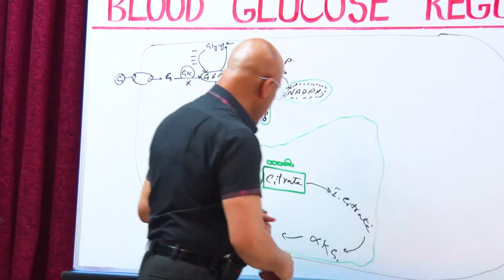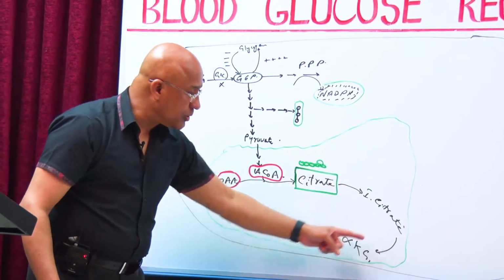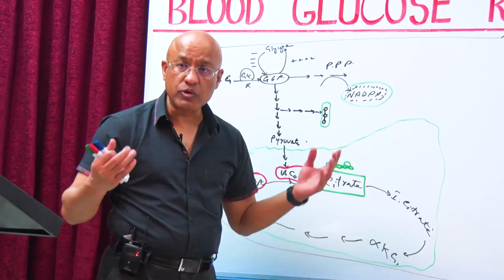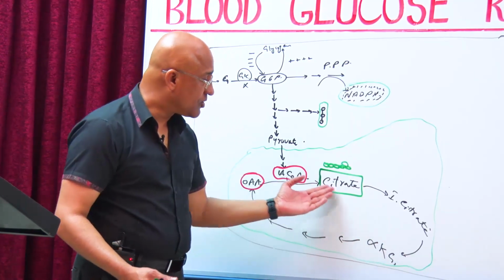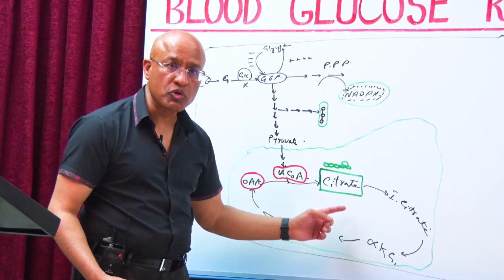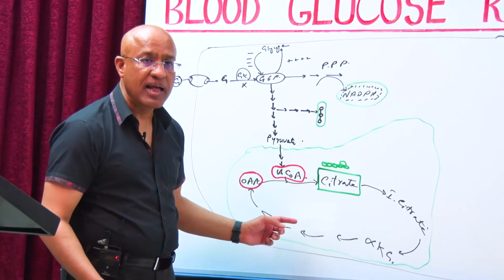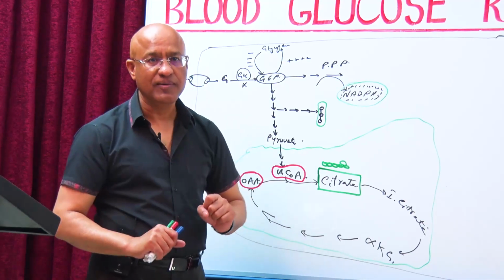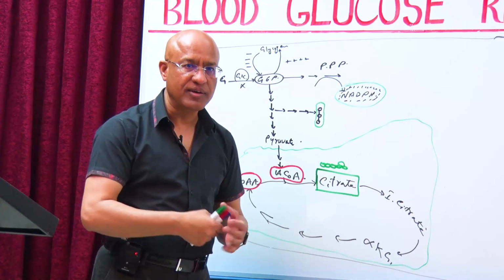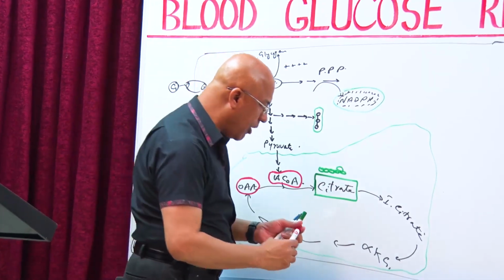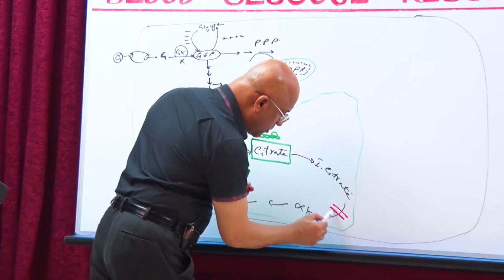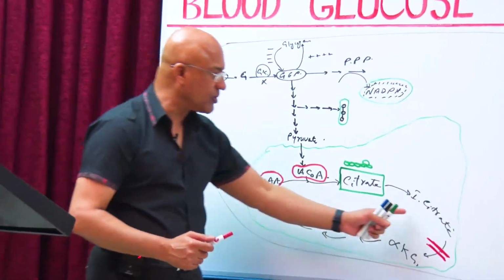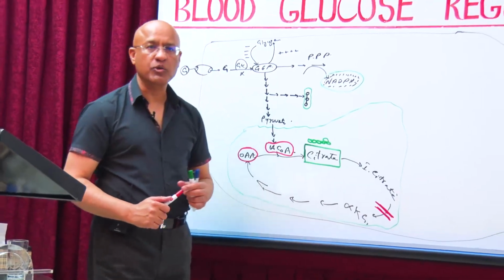Now, if the cycle keeps on moving, too much energy will be produced which is not required. So what to do with this extra citrate? We have to stop the Krebs cycle somewhere and force the intermediate of it to convert into fatty acid. How does nature do it? Nature does it by putting a block here. Putting a roadblock here does not allow isocitrate to convert into alpha ketoglutarate.